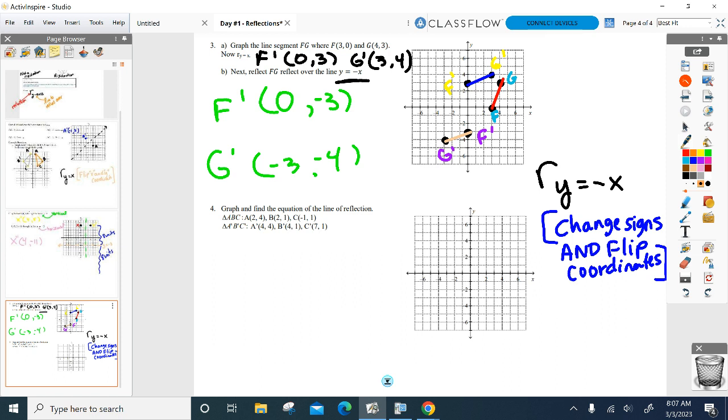Last thing I've got to do with you: find the line I reflected over. I'm giving you the pre-image, triangle ABC, and the image, A prime, B prime, C prime. Find the line I reflected over. I have to take a look at it on a graph first. I just can't tell by looking at the coordinates. Maybe you can, but it's much easier to see it on a graph. And then you tell me what line I reflected over.